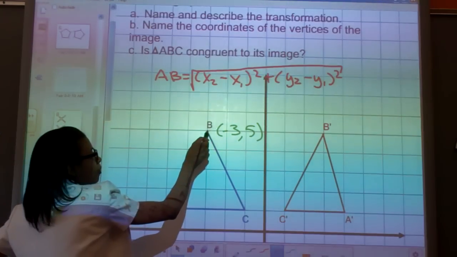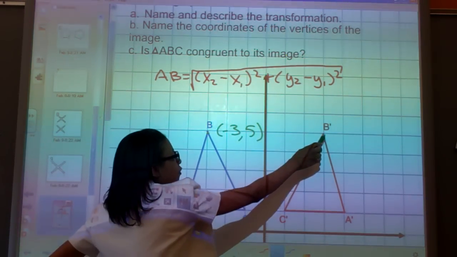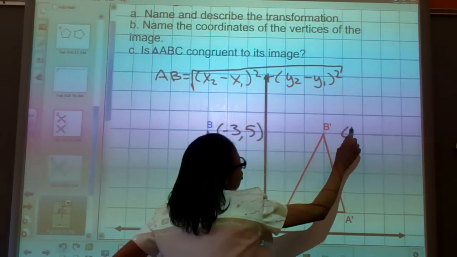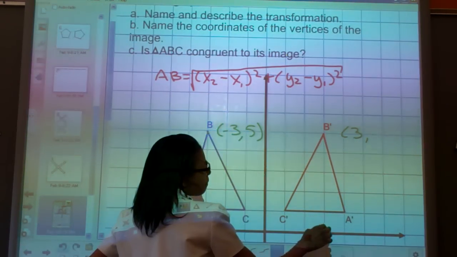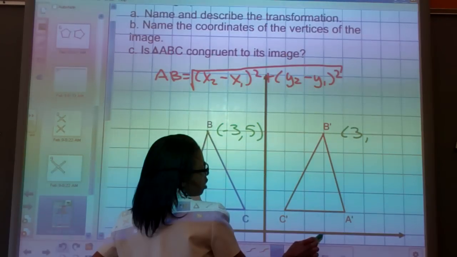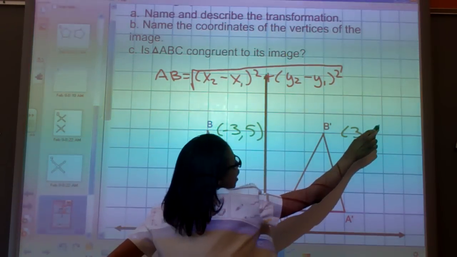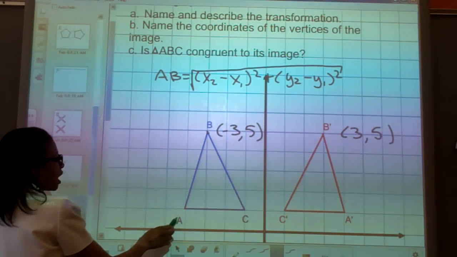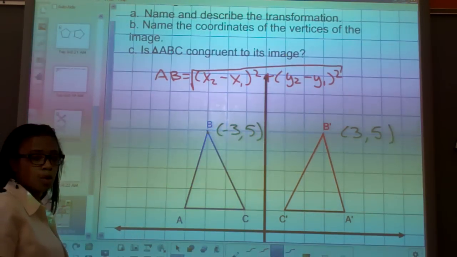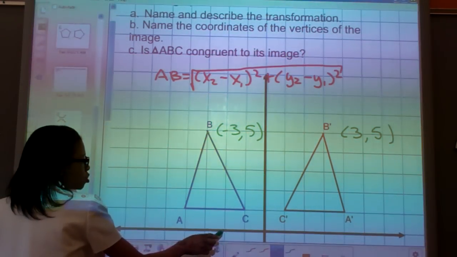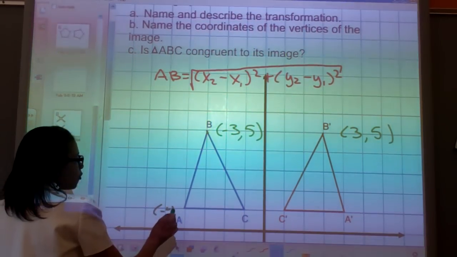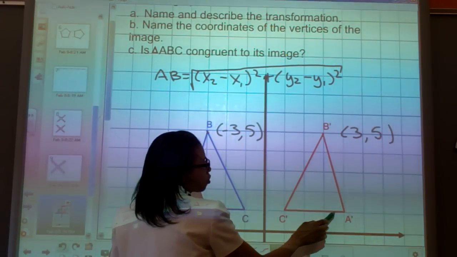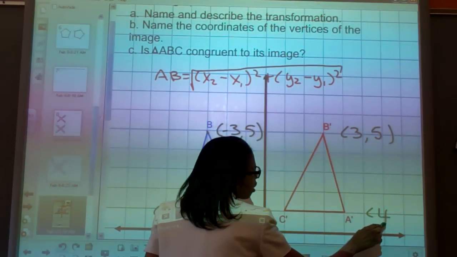So the ordered pair for B is negative 3, 5, and for B prime I see that I have 1, 2, 3, so positive 3, and then up 1, 2, 3, 4, and 5. Okay? So let's see if they are the same distances. I need to find the ordered pair for A, and it's at negative 4, 1, and A prime here is at positive 4, 1.